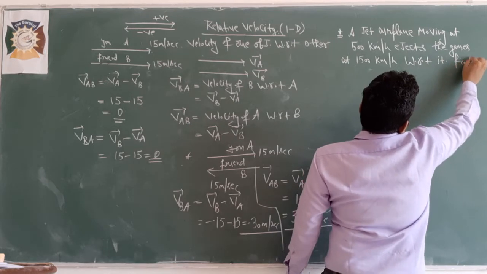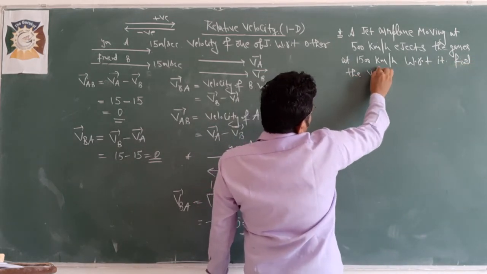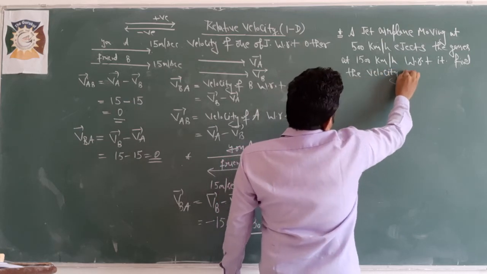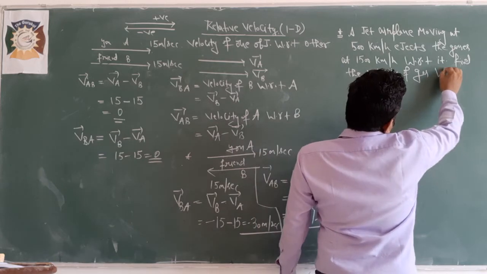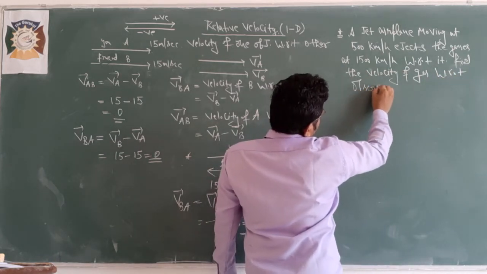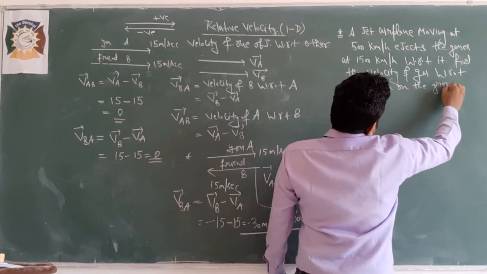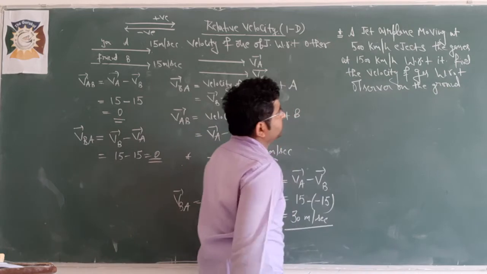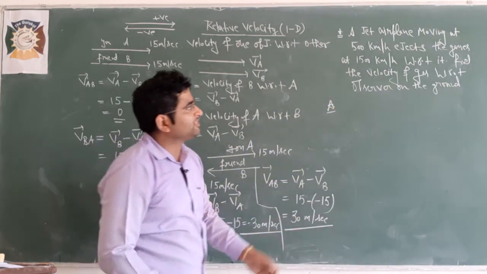Then find the velocity of gas with respect to observer on the ground. But first of all, make the diagram for this condition.